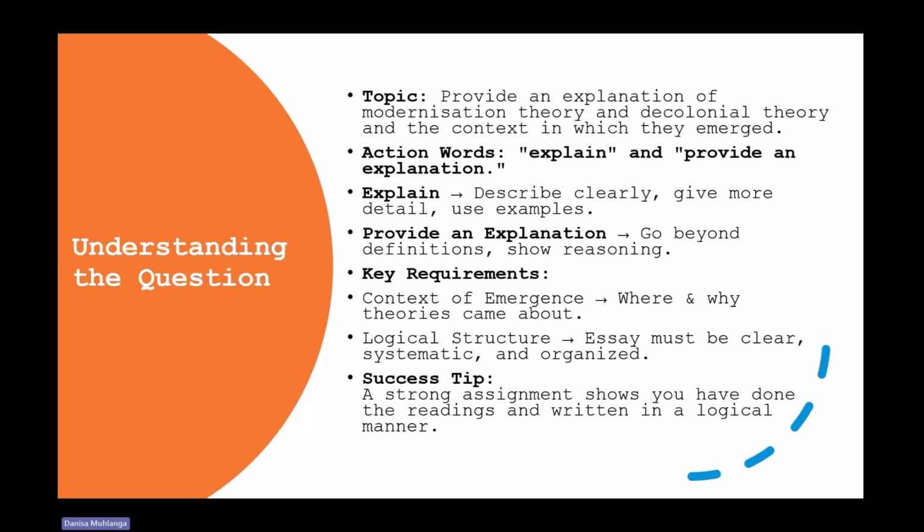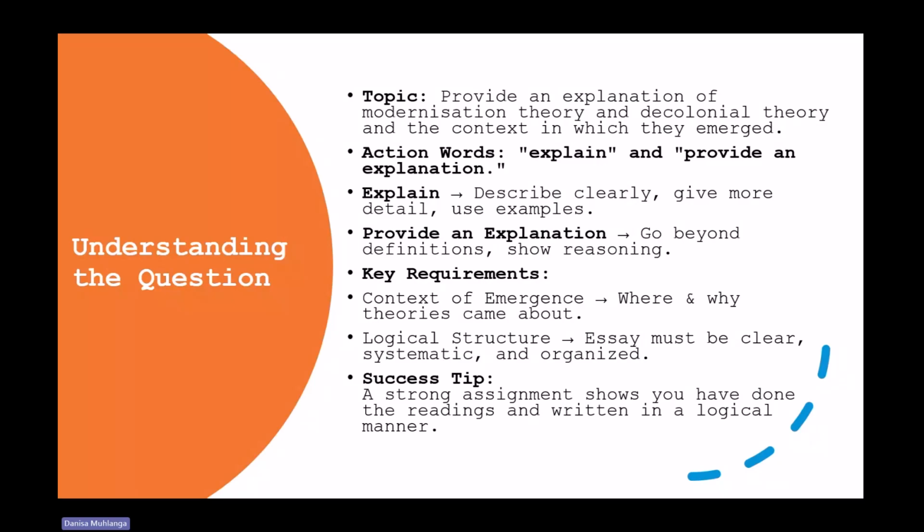So your assignment needs to connect to say, okay, I've read this paragraph, now I'm going to the next paragraph. Okay, so you also need to be able to know how to connect words when you're moving down, explaining your modernization and decolonial theories, as well as presenting your arguments.